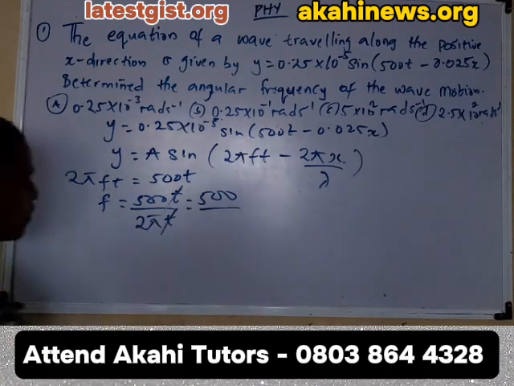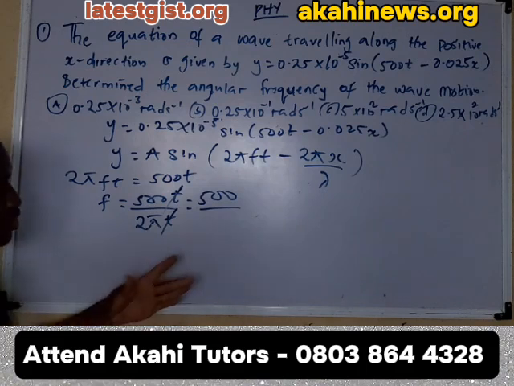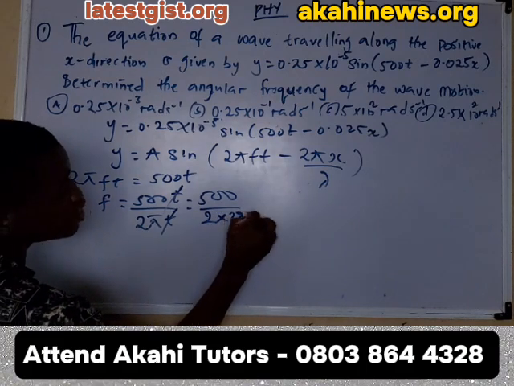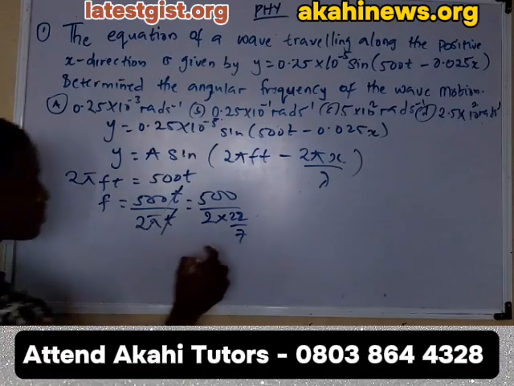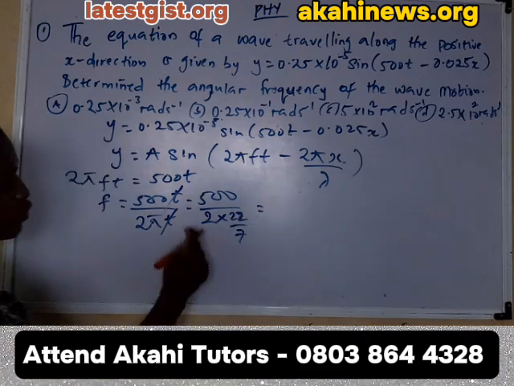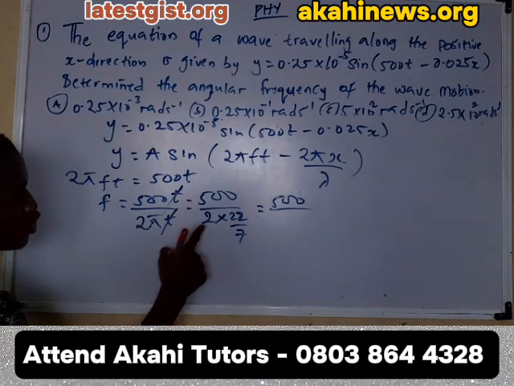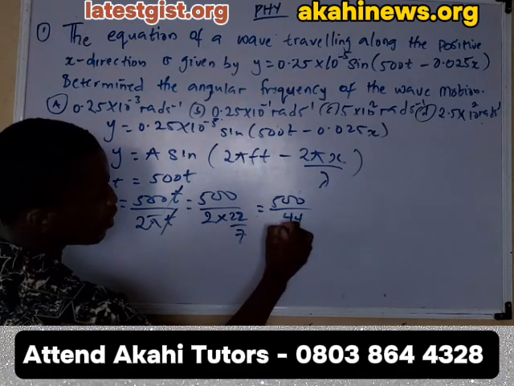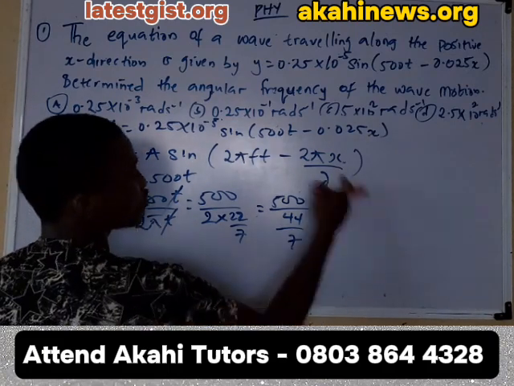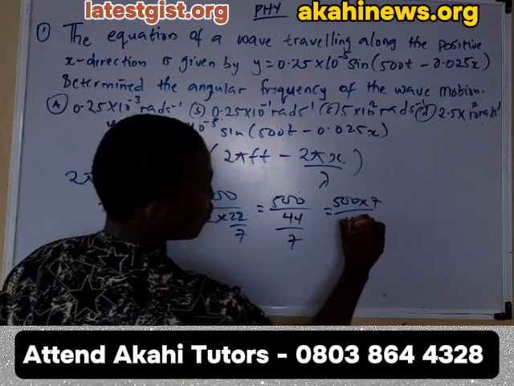We are now left with what? 500 divided by 2 pi, and you know that pi is equal to 22 divided by 7. So this thing will now be 500 divided by 2 times 22 divided by 7, which is 44 divided by 7. This will go up: 500 times 7 divided by 44.